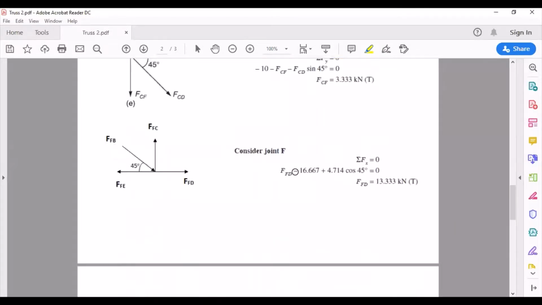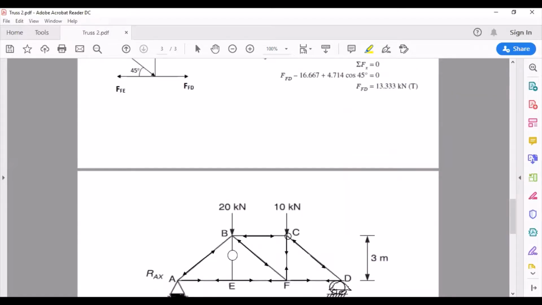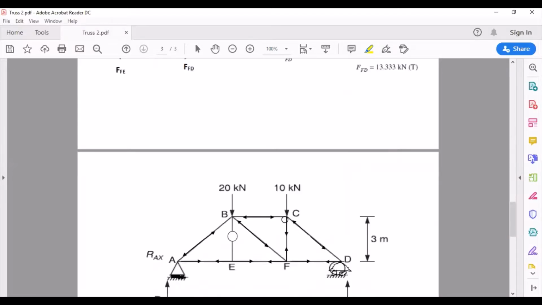If you just refer to this diagram, joint C, you have this member which is already calculated, that is CB, and you know that in this member the arrow is towards. So you are supposed to take this arrow only. You are supposed to assume the directions of those members whose forces are not known. If you have already calculated those member forces in the previous step, you're supposed to take that sign convention only.